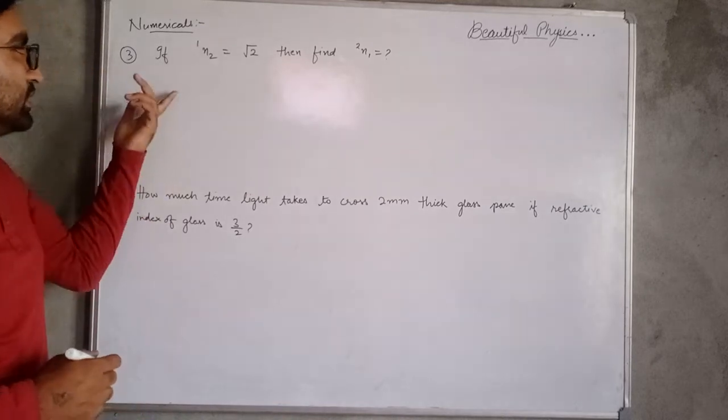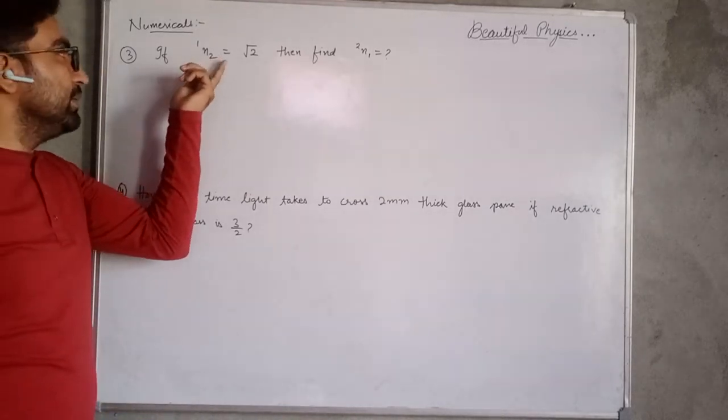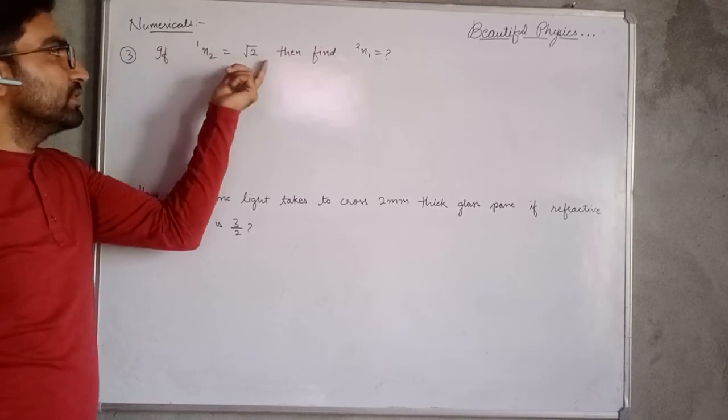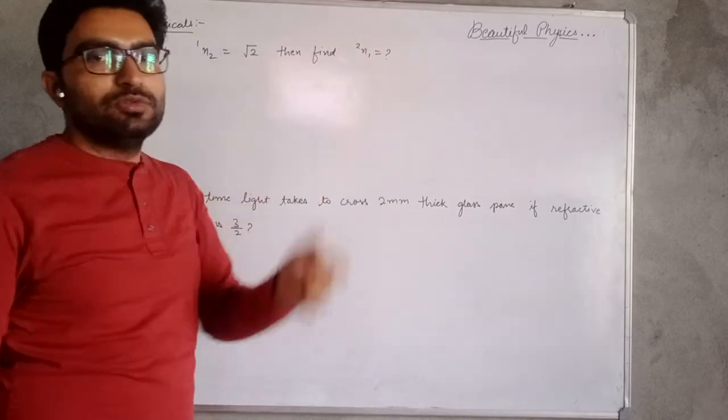Let's move towards the next numerical. If the refractive index of the second medium with respect to the first medium is square root 2, then find the refractive index of the first medium with respect to the second medium.